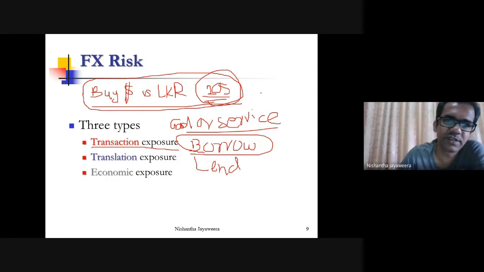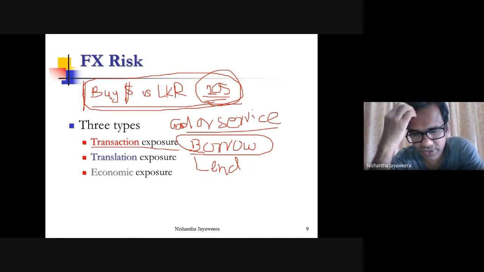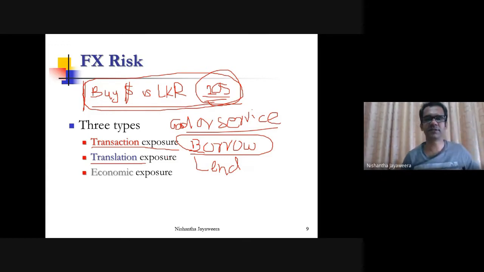In that case, what is the risk that you are, or what is the exposure you have? You have already entered into a foreign currency transaction to buy dollars at 205. Then what is the risk that you face? Then it will be sort of translation risk, because now $1 equals 205. This is the agreement, but next day it may be $1 equals 204.